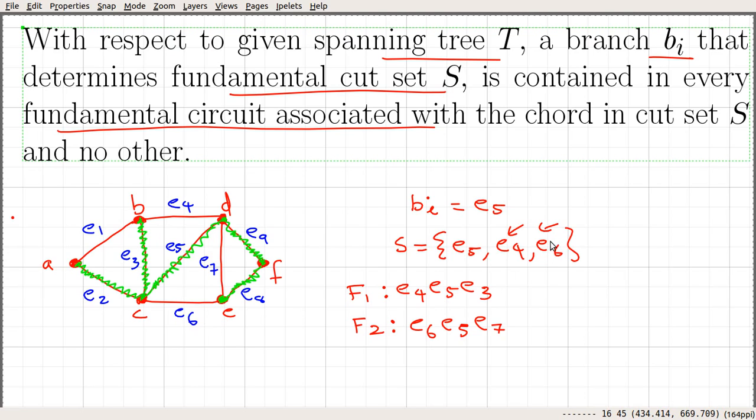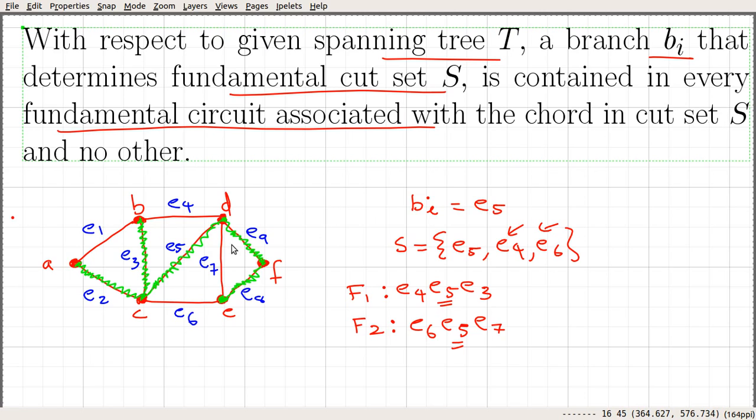And the fundamental circuit corresponding to E6 will be E6, E5, E7. So we can see that this Bi appears in F1 and F2, contained in every fundamental circuit associated with the chord in the cut set S.